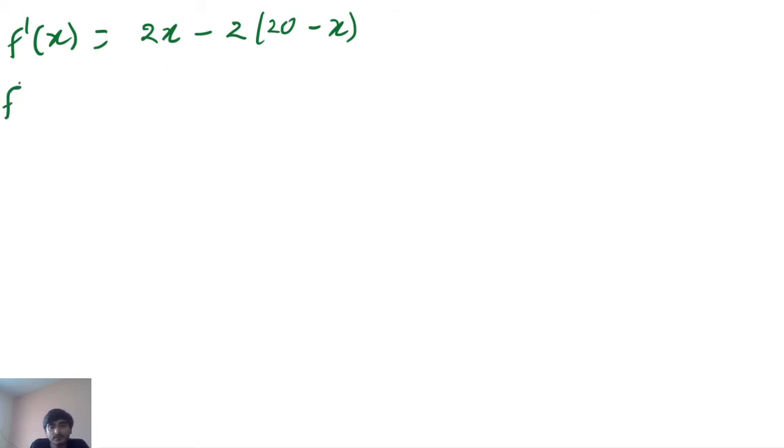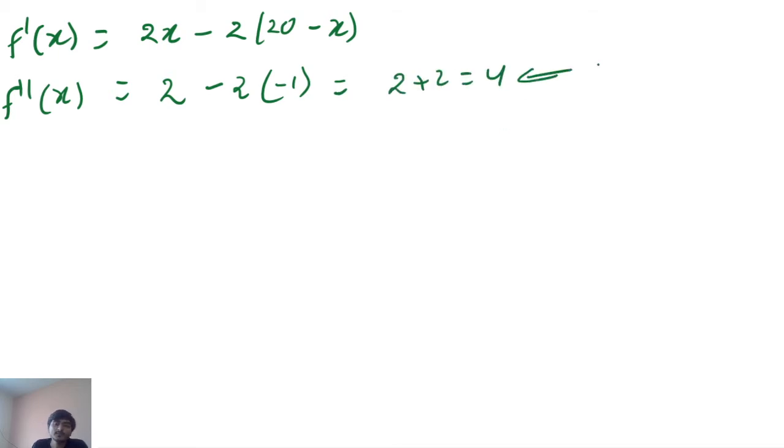So f double dash of x will be how much? F double dash of x will become 2, then minus 2 into differentiation of 20 minus x, which is minus 1. So that will be 2 plus 2, which is always positive.